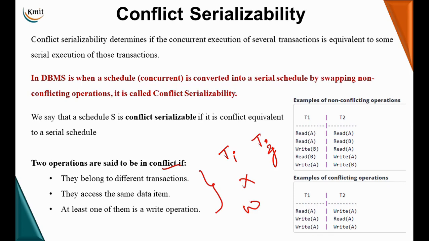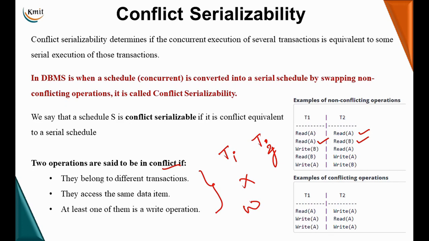Say again, we can talk about railway ticket reservation. If both transactions T1 and T2 are trying to see the available seats for the Nizamuddin Express from Hyderabad to Delhi, there is no problem at all. Both of them are just trying to see. Or one is trying to see the seats available to Delhi, the other is trying to see the seats available to Bangalore by some other train.